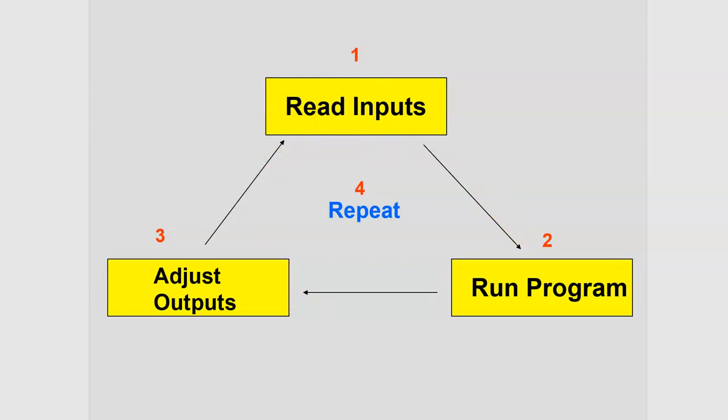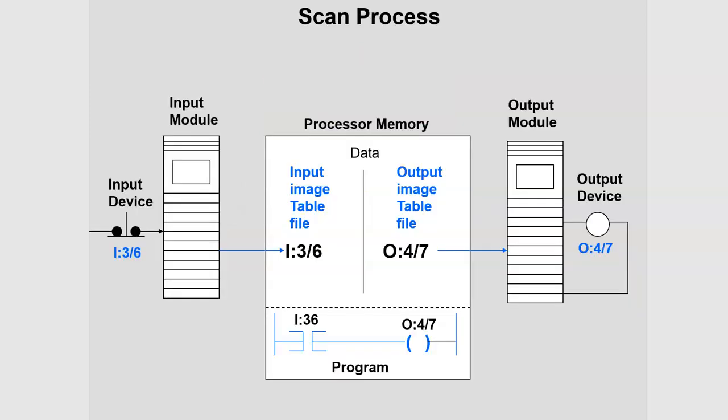Now, the next couple of slides will really bring this point home, because we can kind of walk through the actual scan process. So, what I have is, again, I have the input module, I have the output module. So anything in between, anything to the right of the input module and to the left of the output module, all of this stuff exists in memory.